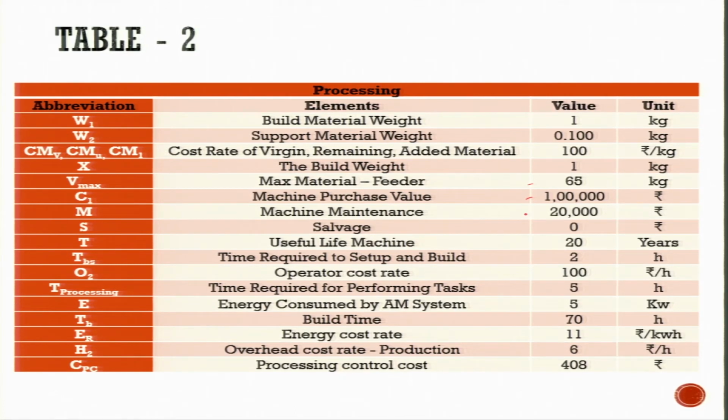The machine maintenance cost is ₹20,000, salvage is 0, because at the end we have considered it will not be sold, it would just be disposed of. So, the useful life of the machine is 20 years.